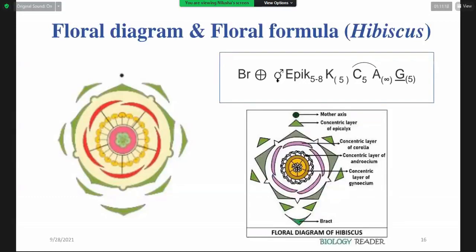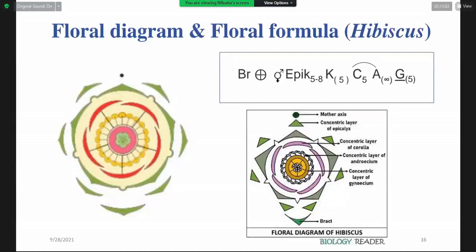Next, in the formula you can see there is one additional thing, because I already told you that it has epipetalous condition.